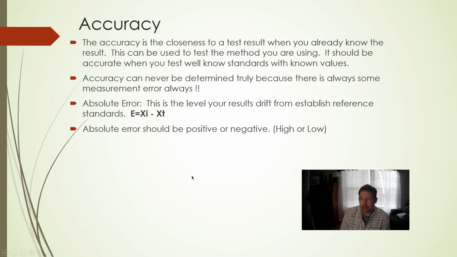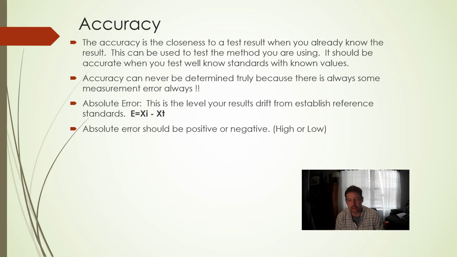Accuracy. Accuracy is different than precision. Accuracy is the closeness of a test result to the value when you already know the result. This can be used to test the method that you're using. It should be accurate when you test well-known standards with known values.